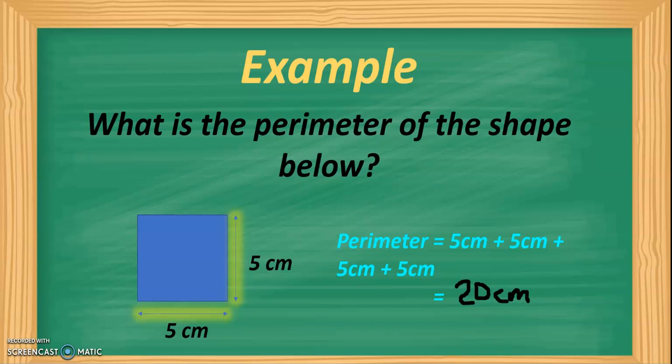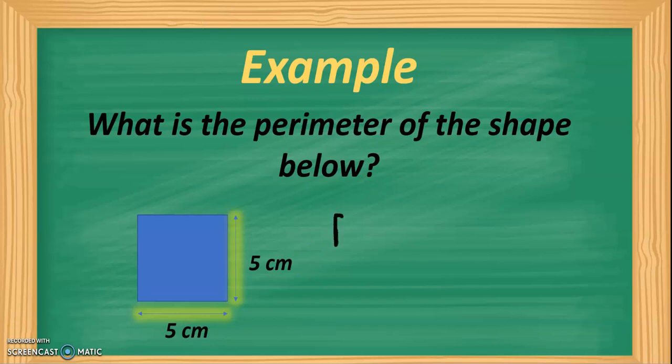Alright. Now, there is another way that we could solve this. Instead of adding, we could do multiplication. So we could say P for perimeter, and we will multiply the 5 centimeters to represent a side by 4, since it's 4 equal sides.